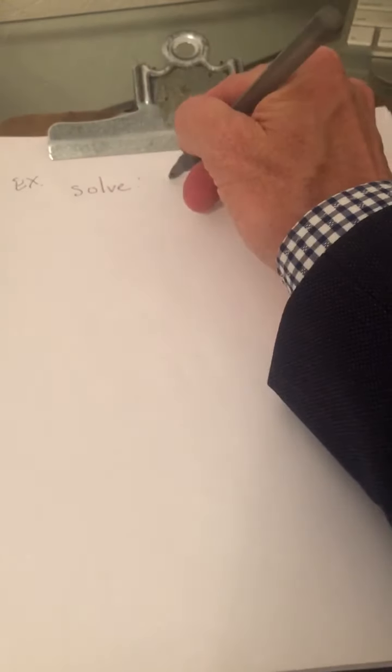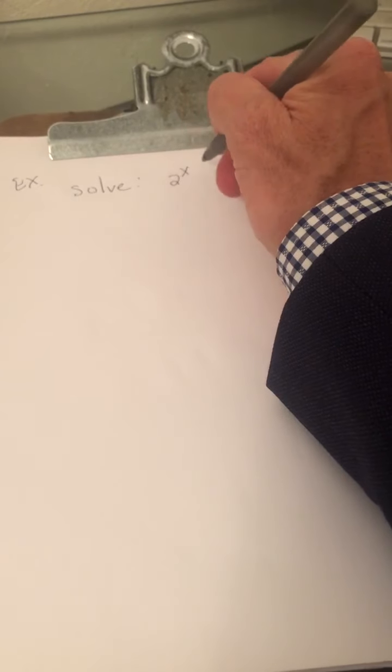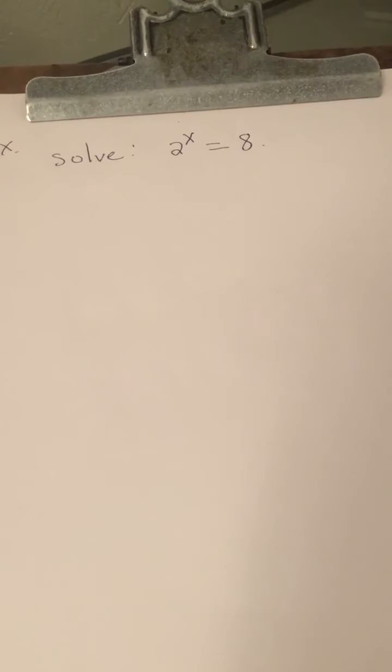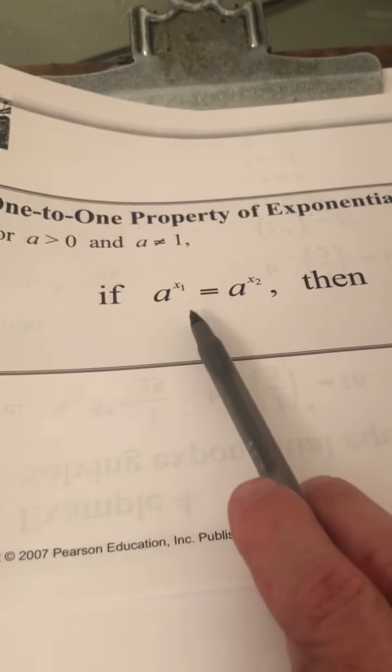So for this first example, let's say we're asked to solve 2 to the x equals 8. What you want to do is get your equation to look like this.